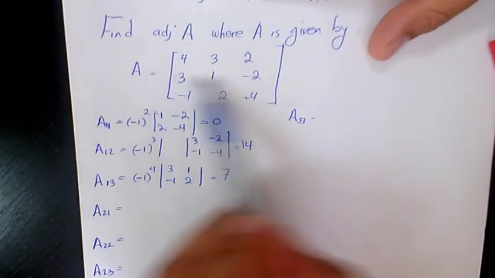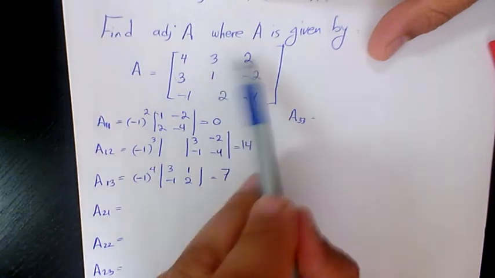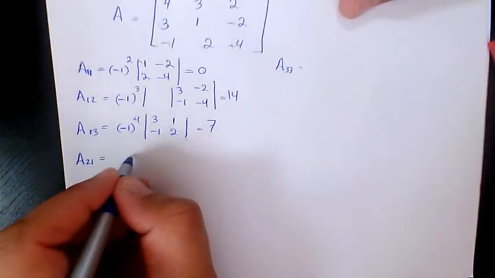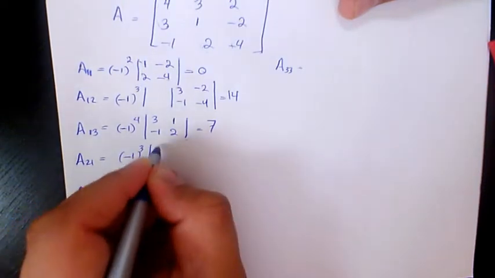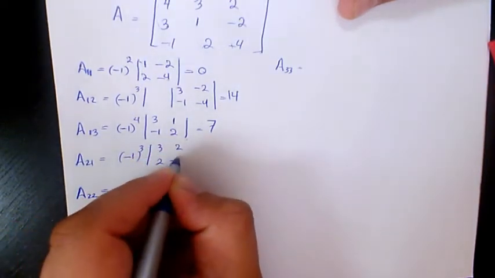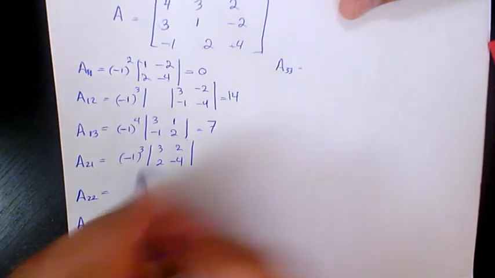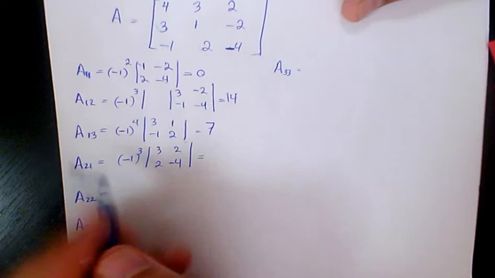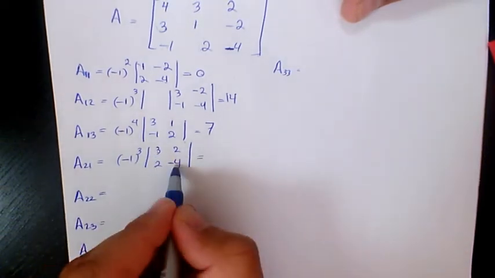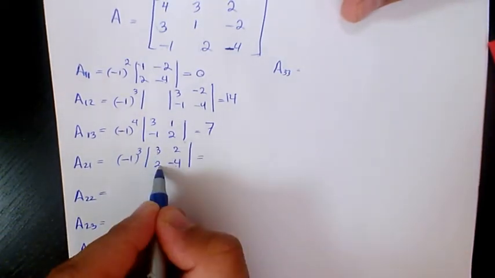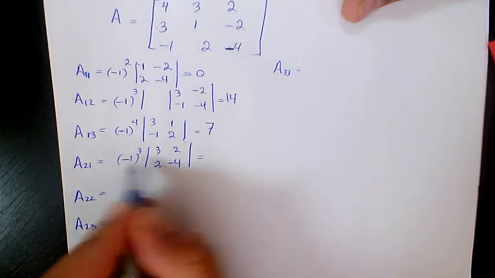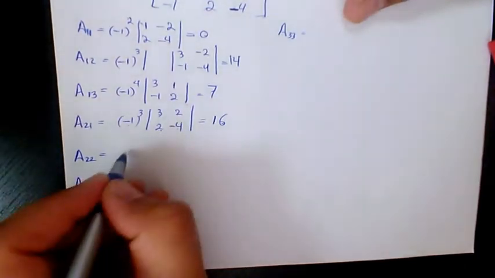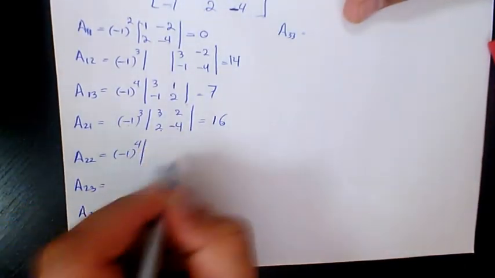It means that we need to remove this row and column. 3, 2, 2, and 4. That's -4. So that's going to be -3 times -4, -12, minus 4 is going to be -16, times -1 is going to be +16. A22 is going to be -1 to the power of 4.